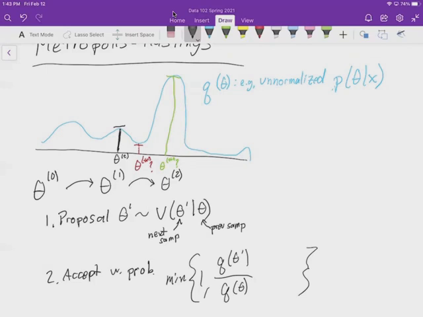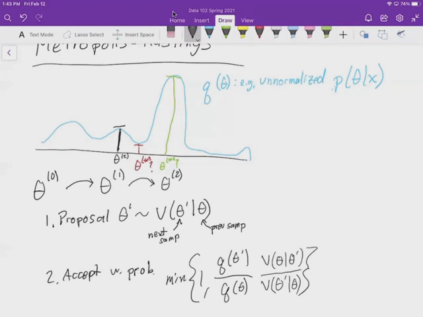So maybe I can divide by the proposal probability: if the new theta prime was way more likely than the old one, then I should divide by that, because I want to get it smaller. But this is not quite right, because what if it's symmetric? Then we've just unnecessarily divided by something. So in the numerator, let's put the opposite direction.